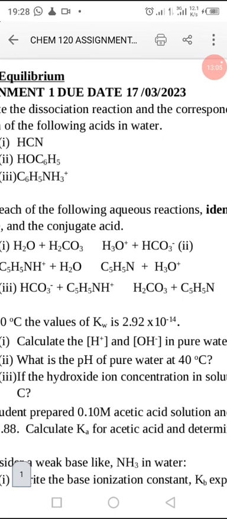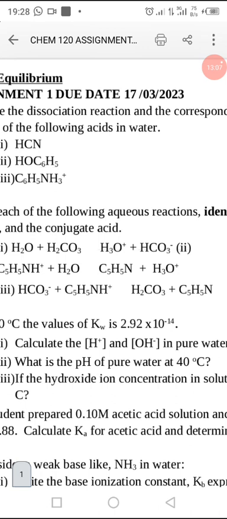Bronsted-Lowry theory. So I've got four substances or compounds here. I've got carboxylic acid, hydrogen carbonate with a negative charge, I've got C5H5NH+. Also I've got carboxylic acid as a product.